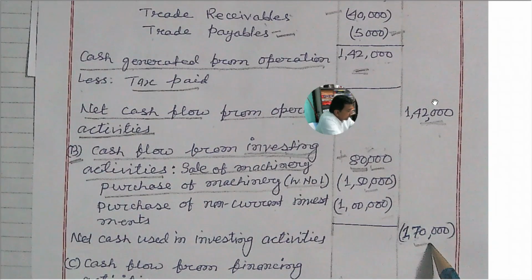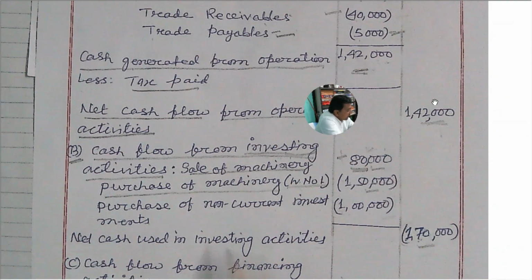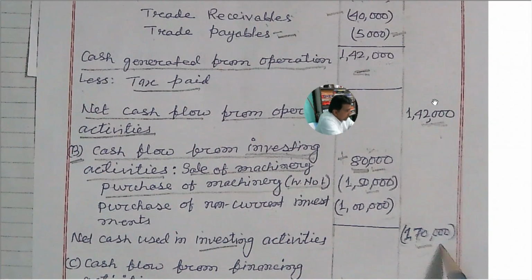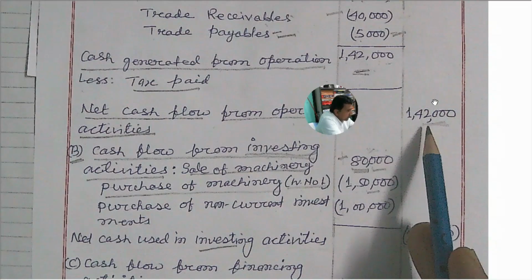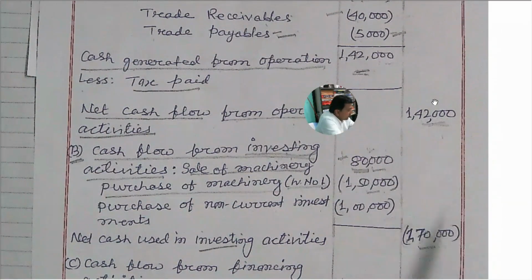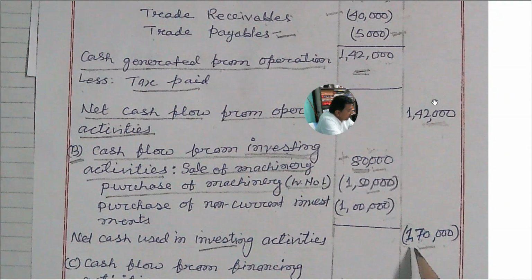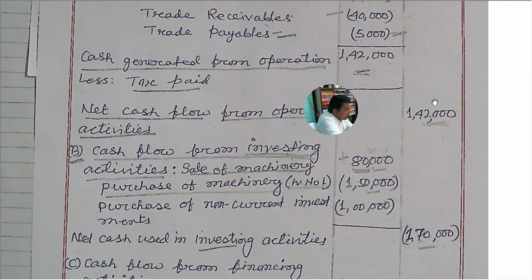So during the year net cash outflow under investing activities is 1,70,000. From operating activities total cash coming is 1,42,000. Under investing activities total cash going is 1,70,000.